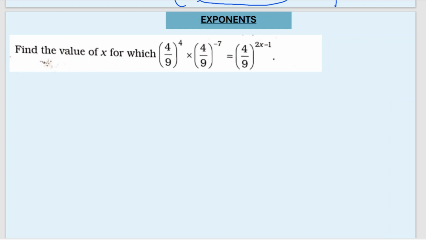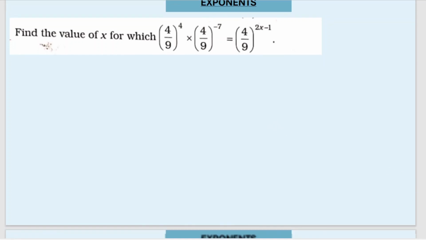Find the value of x for which 4 by 9 to the power 4 into 4 by 9 to the power minus 7 equal to 4 by 9 to the power 2x minus 1. Same concept that we have applied in the last question, we can apply here also.